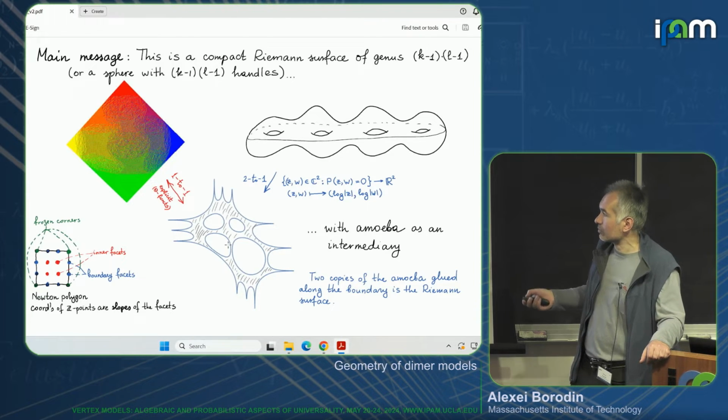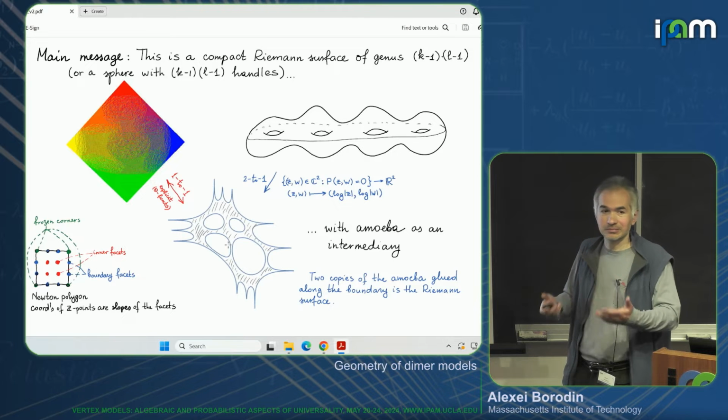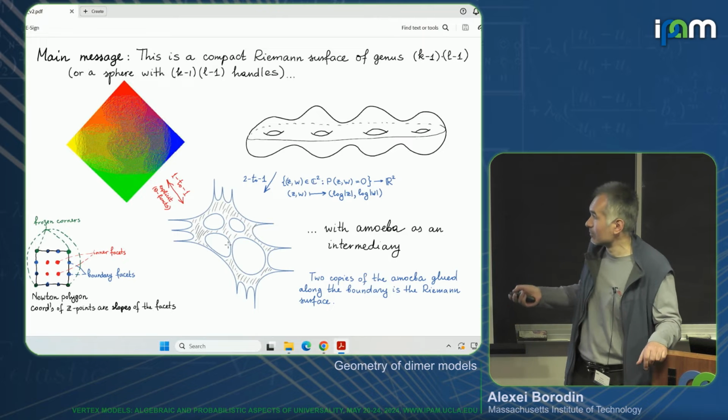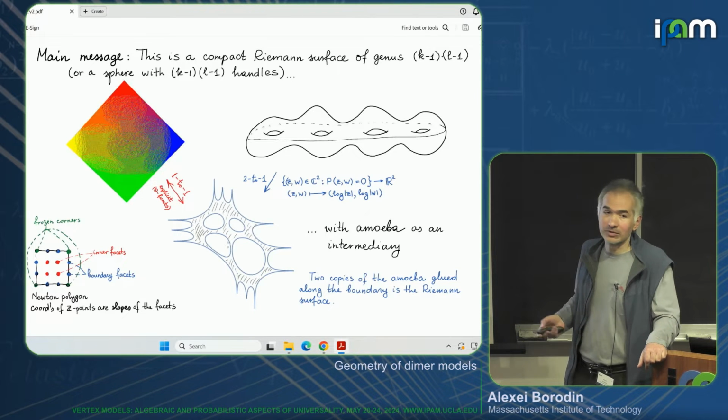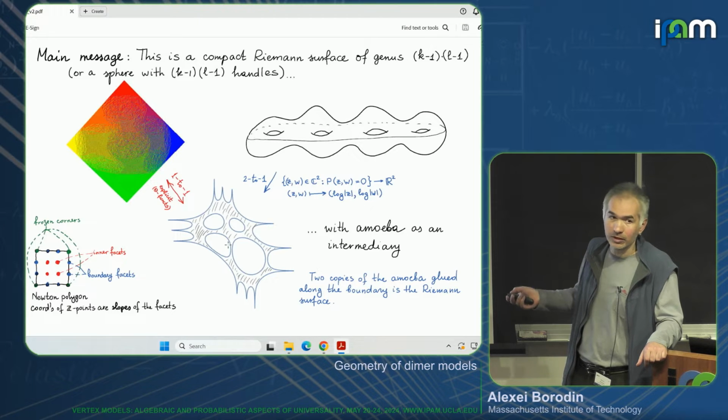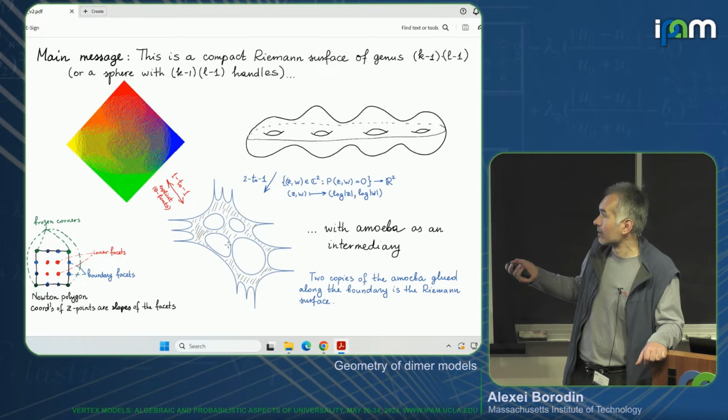So that will produce a more tangible picture. I can't quite draw this picture well. It's in 4 dimensions, but this picture can be drawn in a nice way. It's called the amoeba of this algebraic curve.